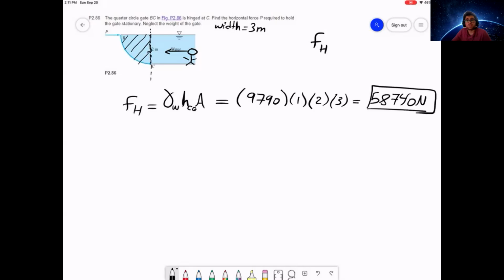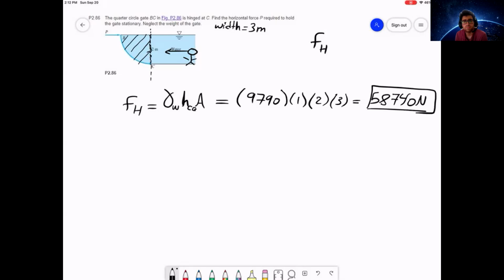And where does it act, right? Remember, when we're dealing with hydrostatic forces, you need the magnitude, which is what we found right now, and you need the location on which it acts. It's a major thing. If you want to take moments, you need to know where this force acts. So how would you calculate that?